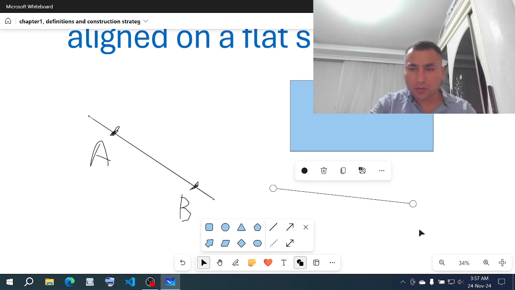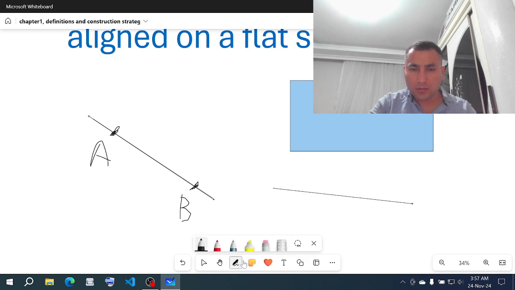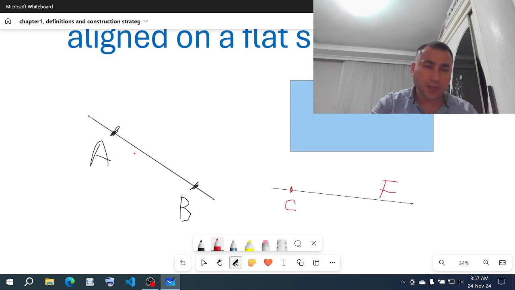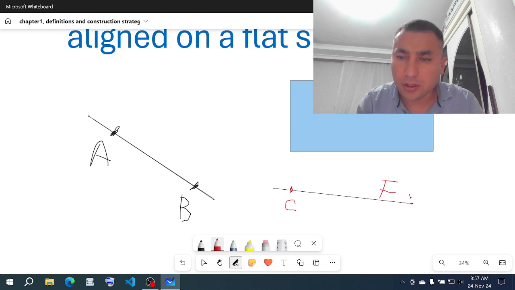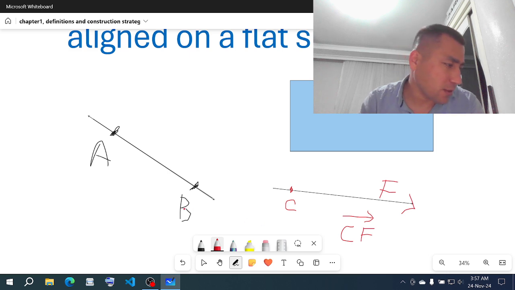I want to do something like this, and we will have C and F, let's say. So from C to F, you do something like this arrow.